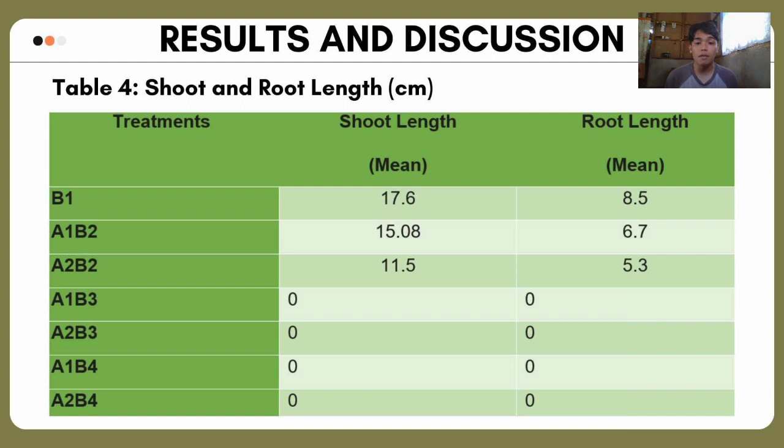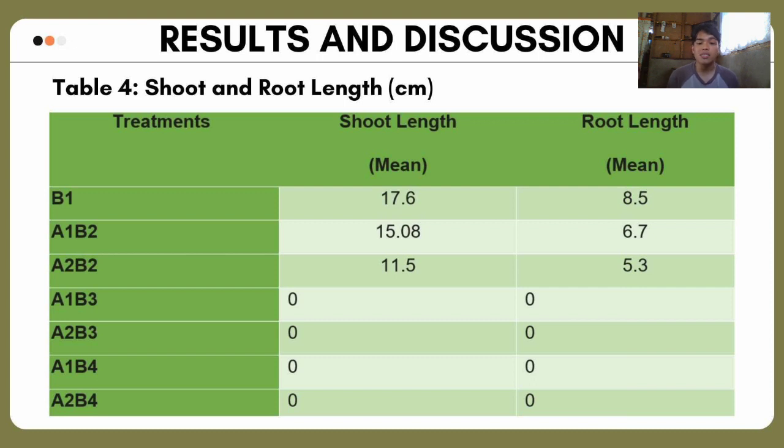Treatments A1B2 and A2B2 displayed shorter root lengths of 6.7 centimeters and 5.3 centimeters respectively, suggesting a potential correlation between shoot and root development. Notably, treatments A1B3, A2B3, A1B4, and A2B4 showed no detectable root growth.